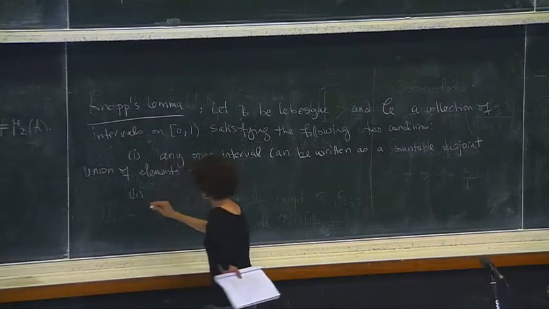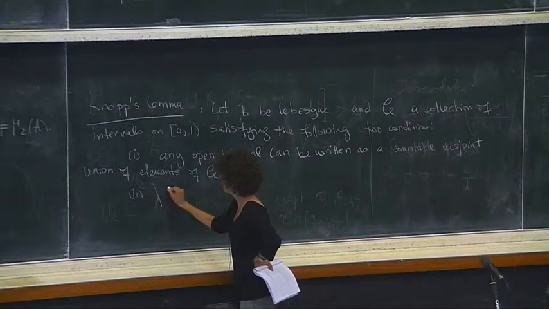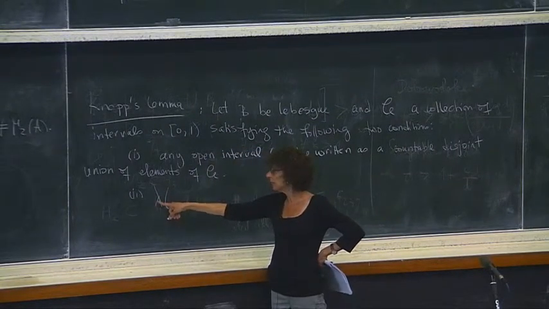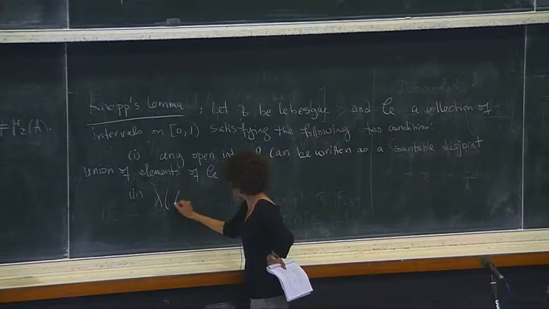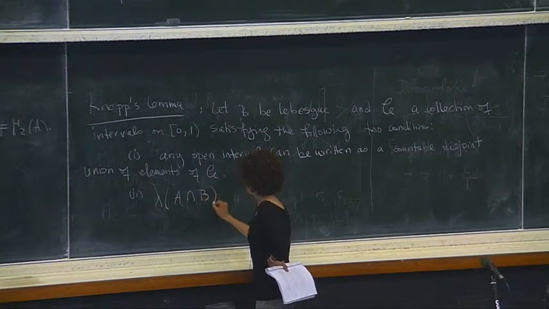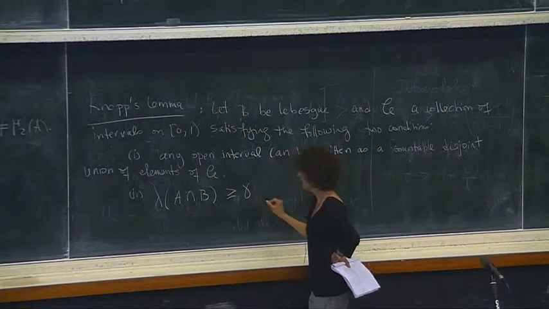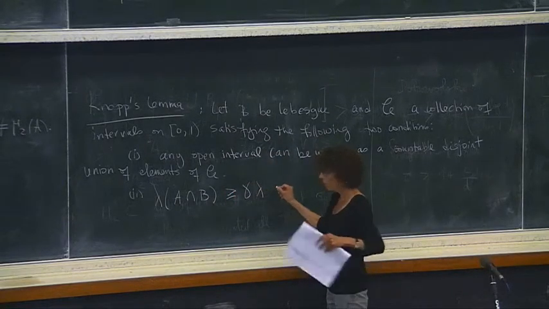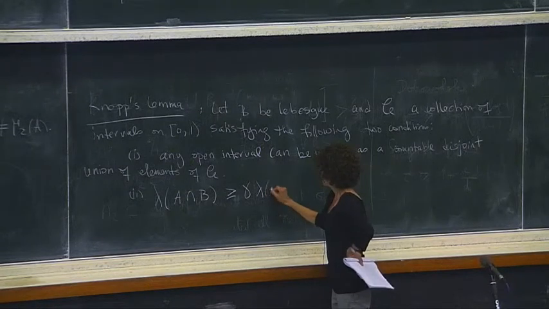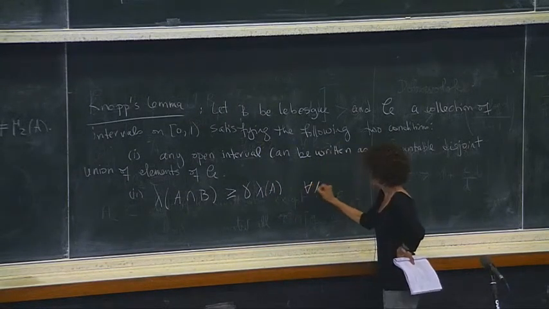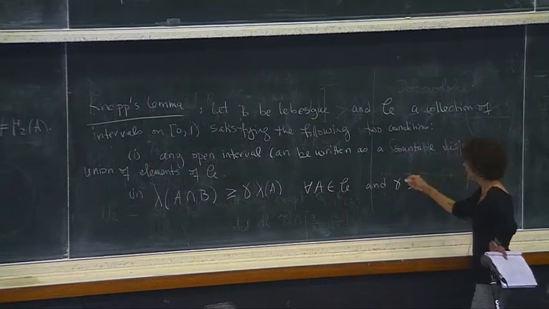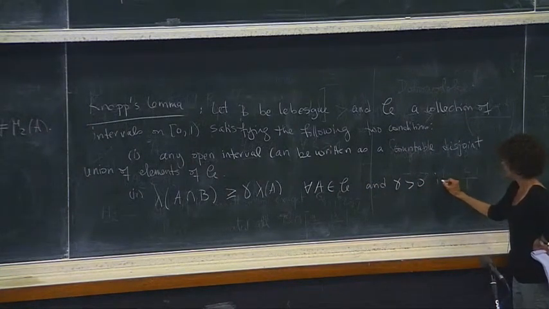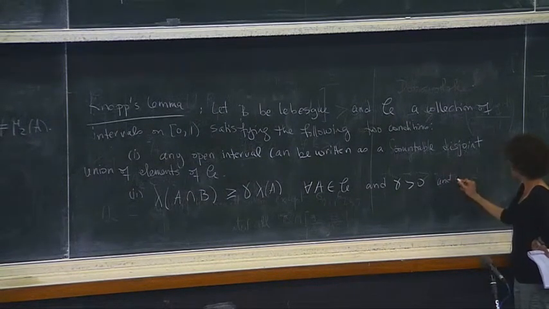What I'm saying is this: lambda, as I said, I'm writing it lambda, but it can be any Borel measure here. Lambda of A intersection B is greater or equal to gamma times lambda of A, for every A in C, and gamma is positive and independent of the A's. So a universal constant.